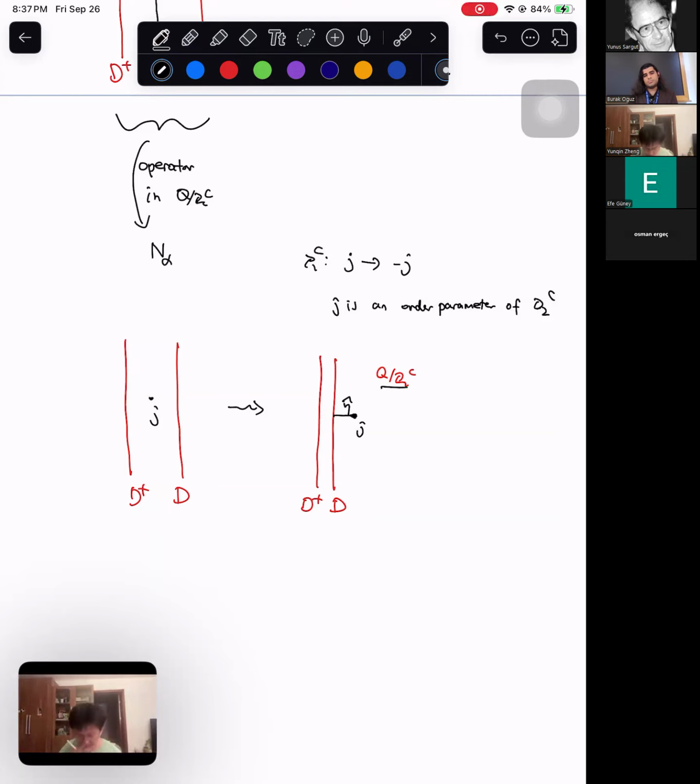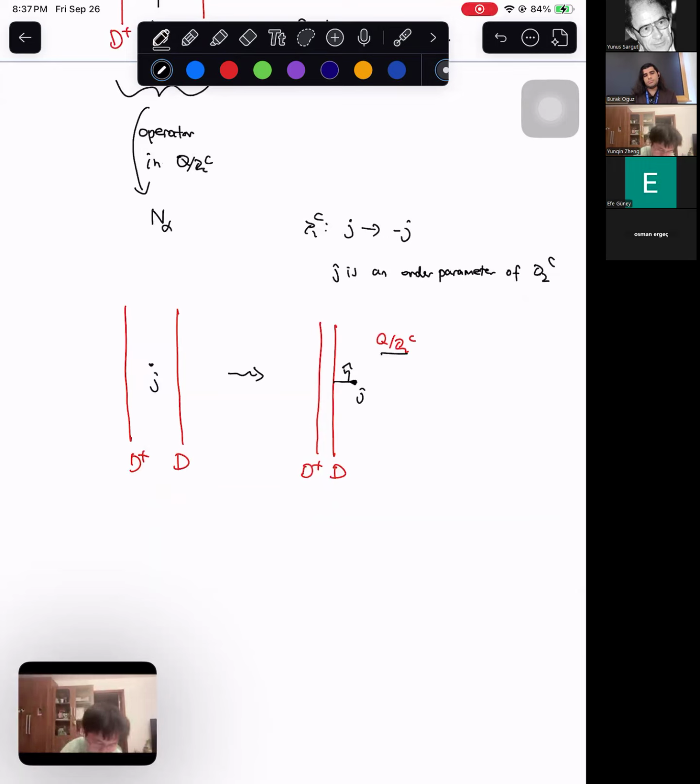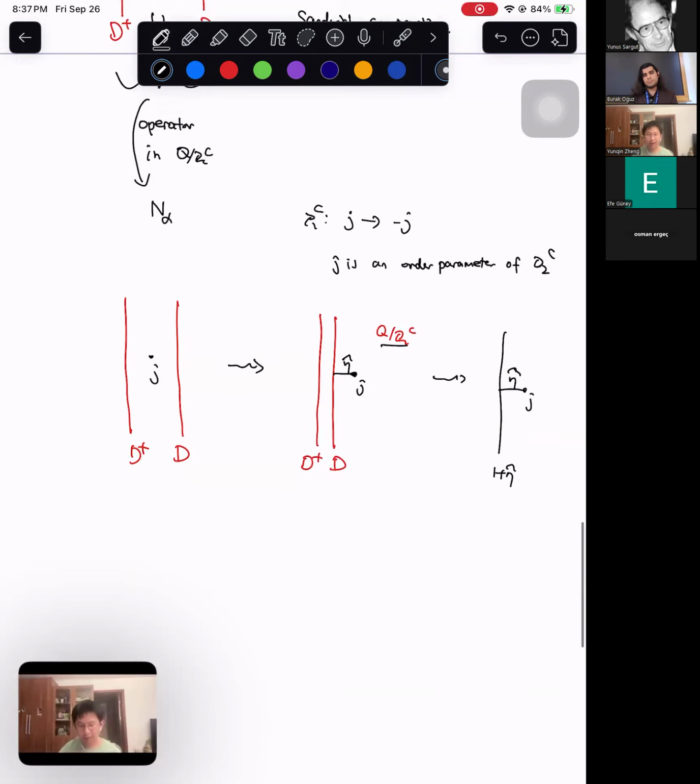Okay. And then if you further collapse these two duality interfaces, you will just get a condensation operator, 1 plus eta hat, attached to eta hat here with a J. And now you see that this J is no longer a local current in the gauged theory, but it's a current attached to a topological line in the gauged theory.